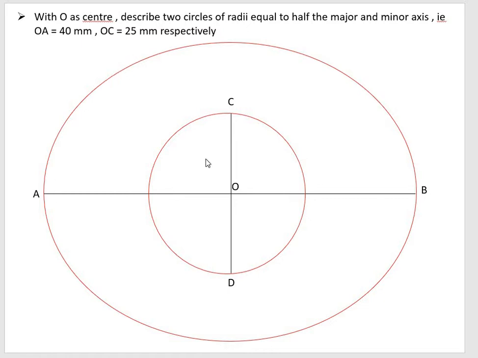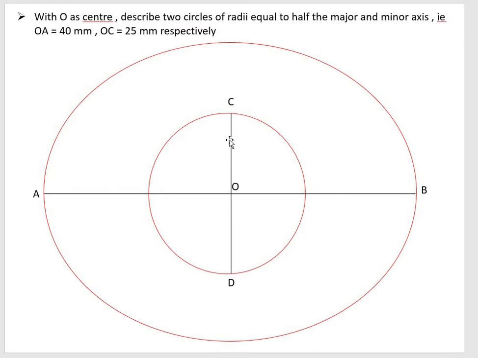Okay. Then you come to the minor axis. The minor axis is the vertical one and the length is 50 mm. What is half of CD? It will be CO or OC. And if CD is 50 mm, half of CD, that is OC, will be 25 mm.